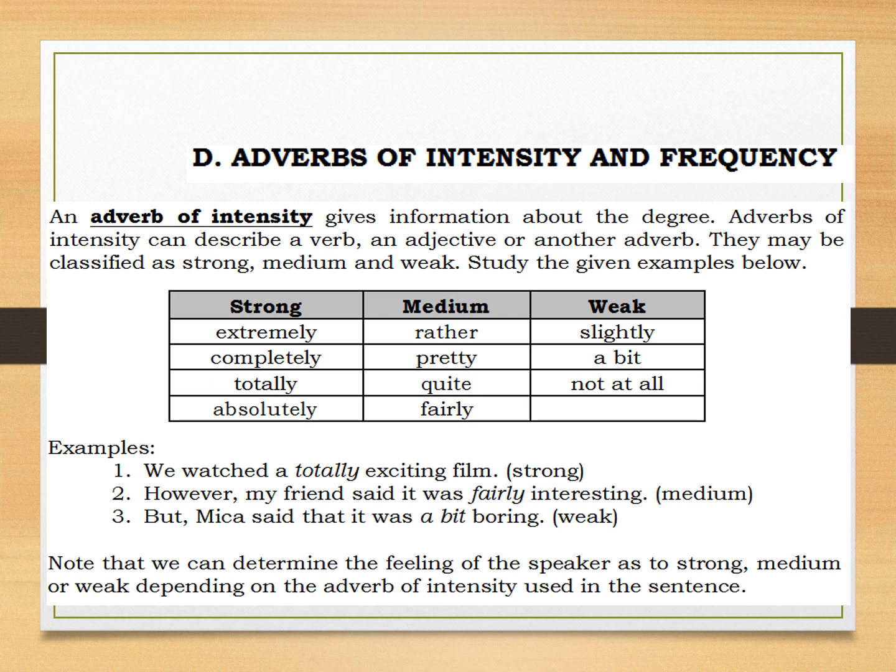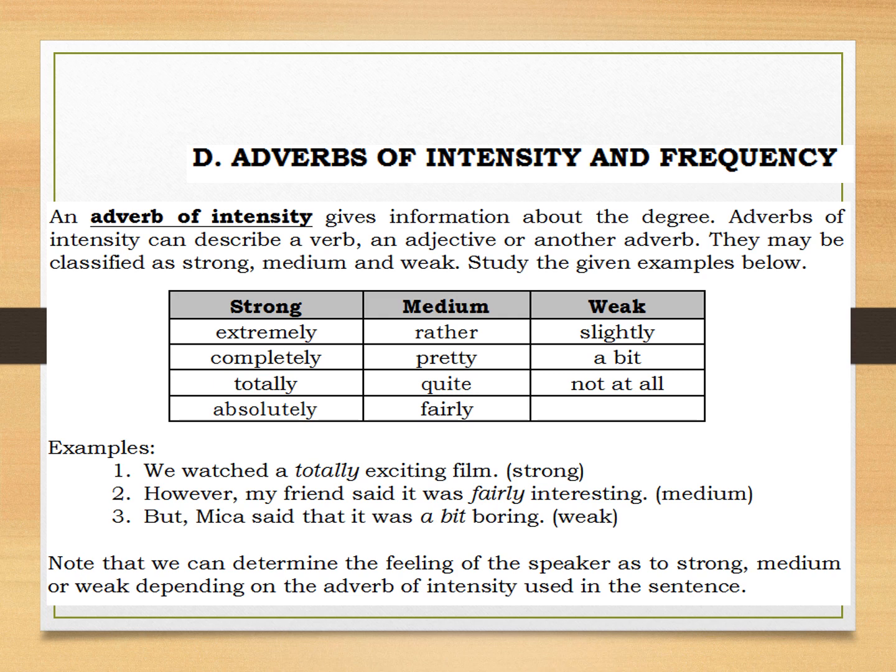Examples. Number 1. We watched a totally exciting film. That is an example of an adverb of intensity, strong. Number 2. However, my friend said it was fairly interesting. Fairly is medium.